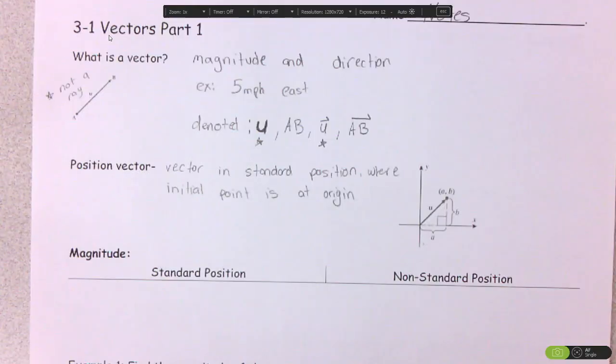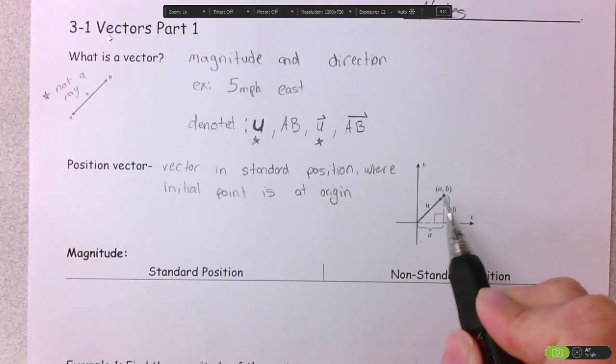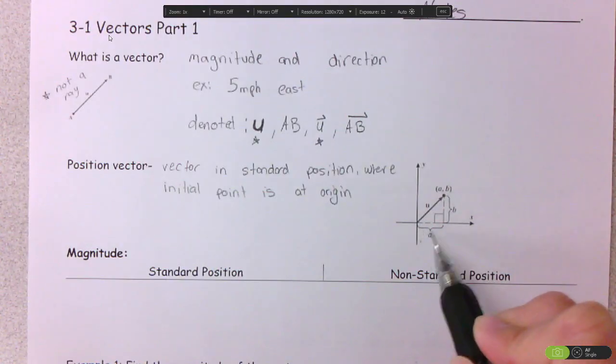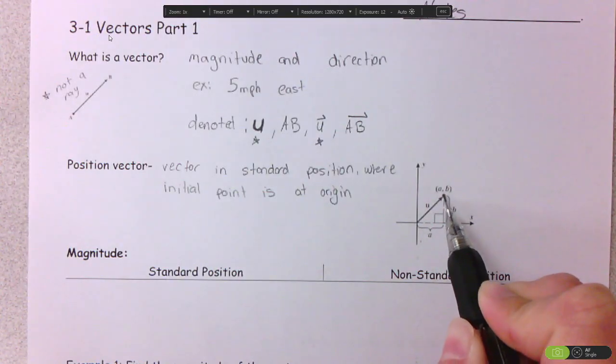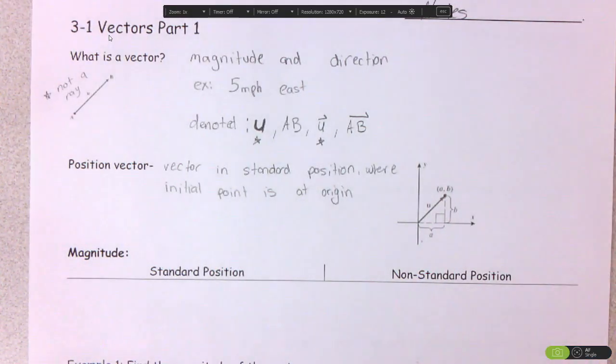Okay. So the two components of this vector are going to be A and B, right? So I go over A and up B, and that gets me my vector U.